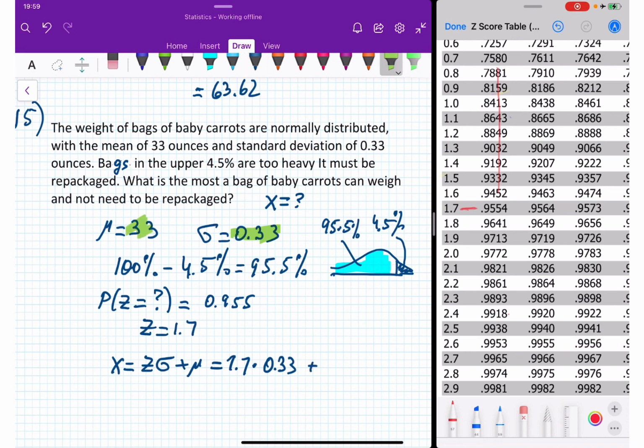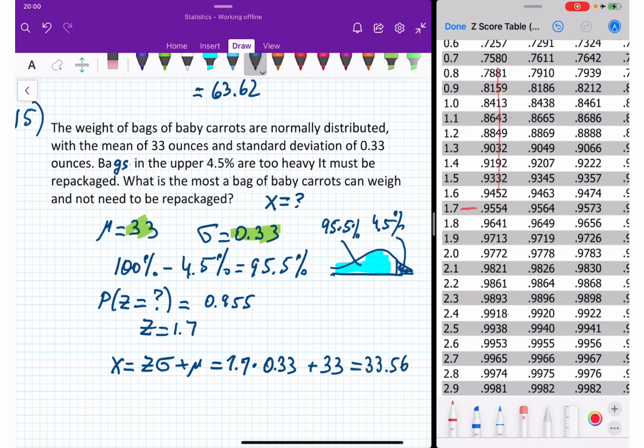Mu is 33. So it's going to be 1.7 times 0.33 and plus 33. So we are going to get 33.56.